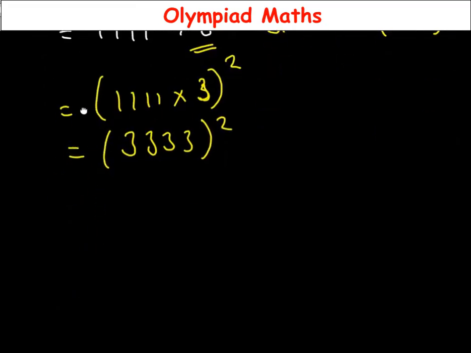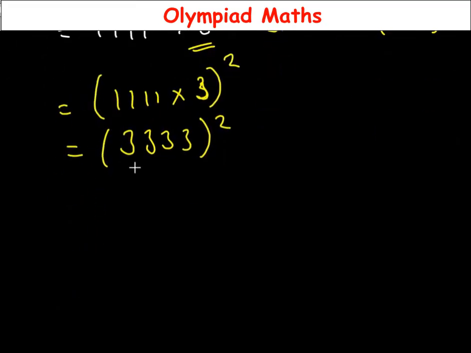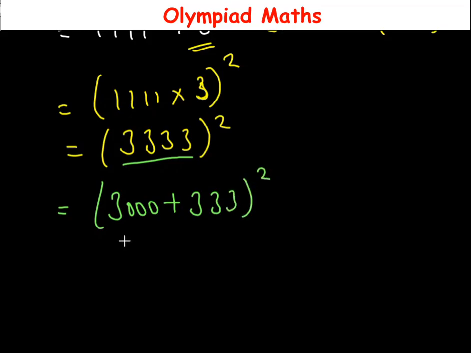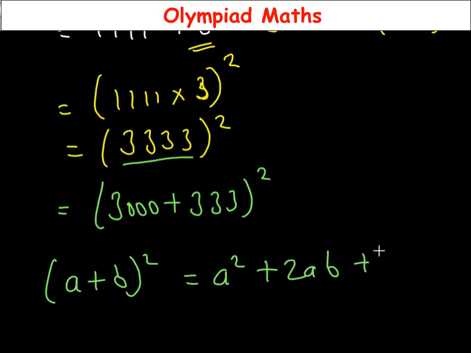So simplifying this further, we can write down 3333 as 3000 plus 333, then all raised to power 2. So what we have here is in the form a plus b all raised to power 2, and if you have a plus b all raised to power 2, this equals a squared plus 2ab plus b squared. In this case, the value of a is equal to 3000, while the value of b is equal to 333.